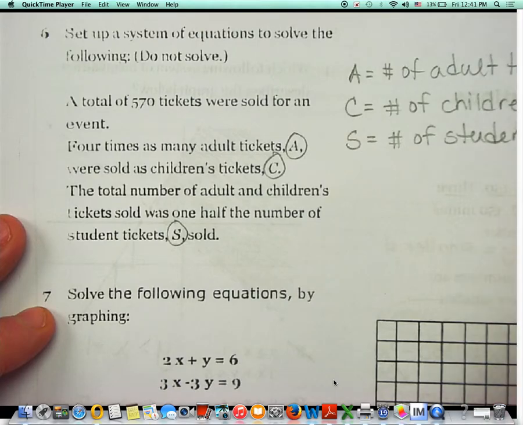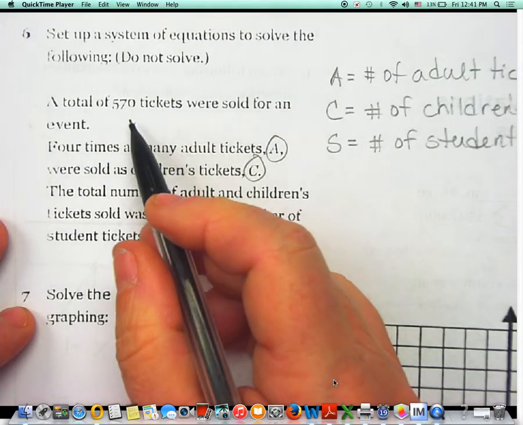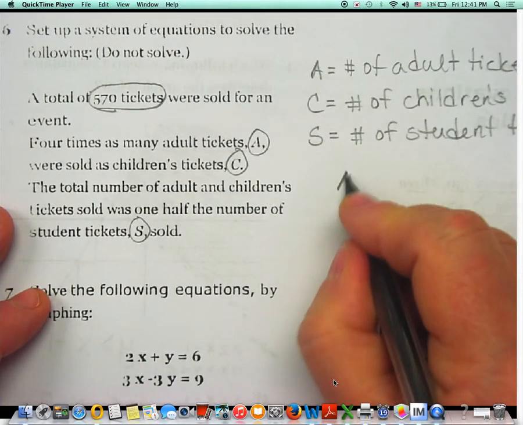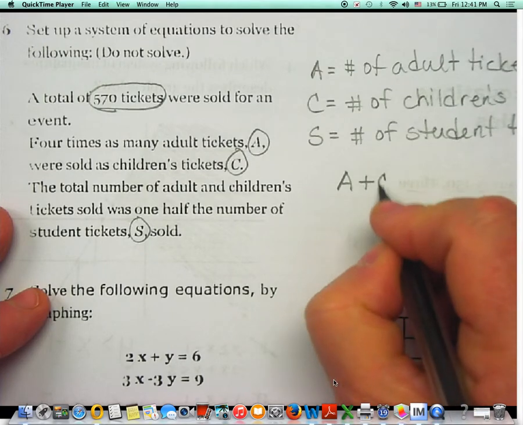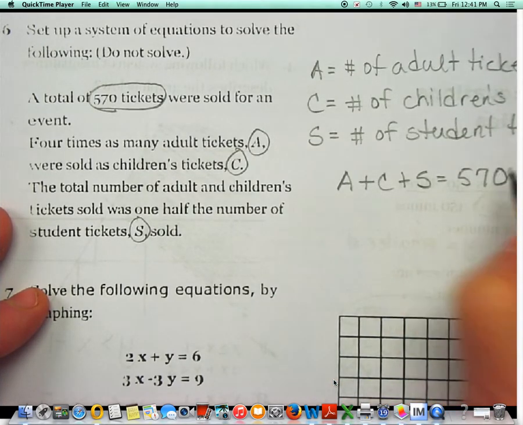Okay, and there's probably a total where we do A plus C plus S, and it does say that a total of 570 tickets were sold. So that's the first one we'll write. A plus C plus S equals 570.